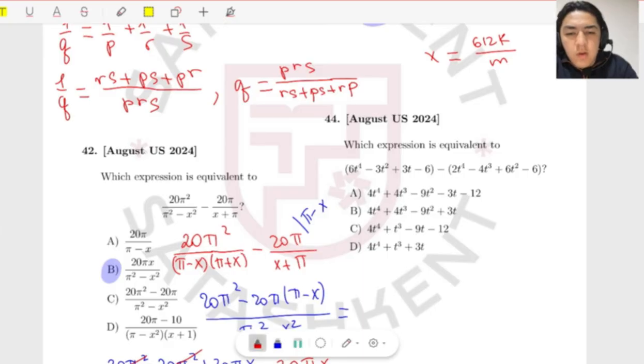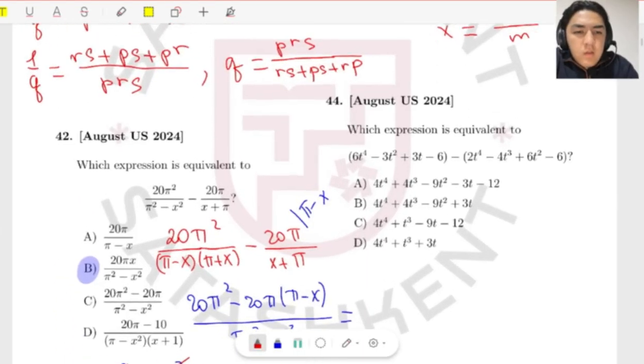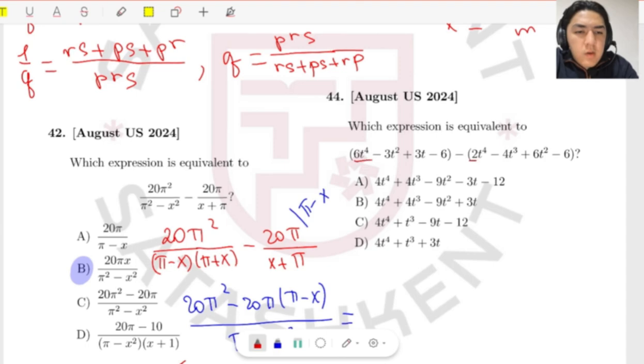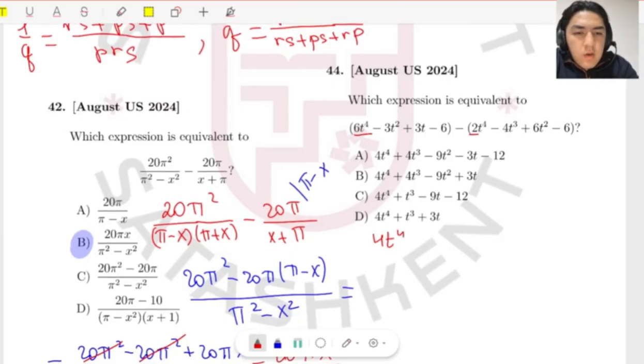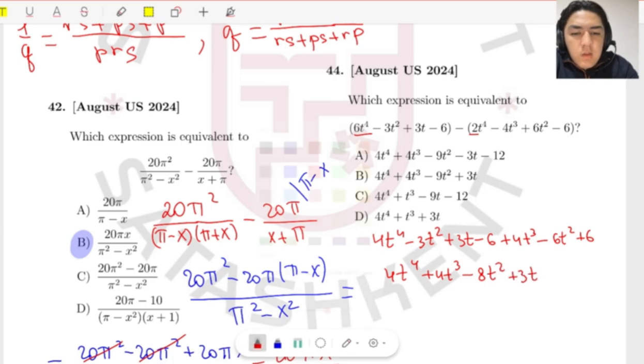So question 44. Here, if you open it, I will be left with 4t to the power 4 minus 3t squared plus 3t minus 6 plus 4t cubed minus 6t squared plus 6, and 4t to the power 4 plus 4t cubed minus 8t squared plus 3t, and that's it, because these two will be cancelled.